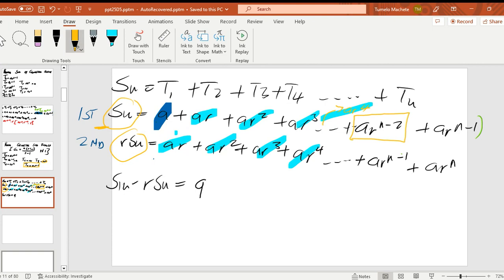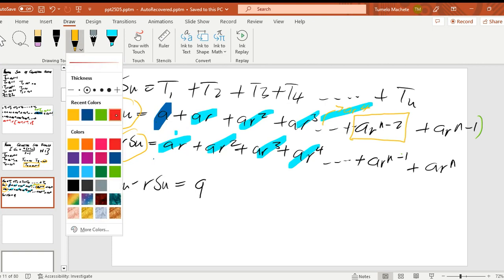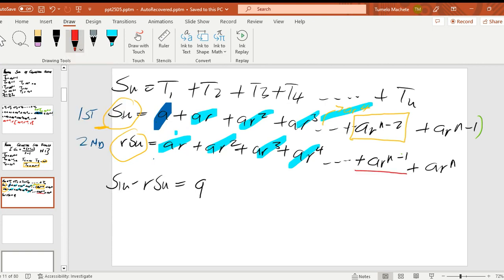Remember, on the second equation, before this one you have Ar^(n-2). Remember, I'm moving backwards, so I subtract 1, then I get n minus 2. So it will cancel with that one. So this one will go away, and also this and this cancel.